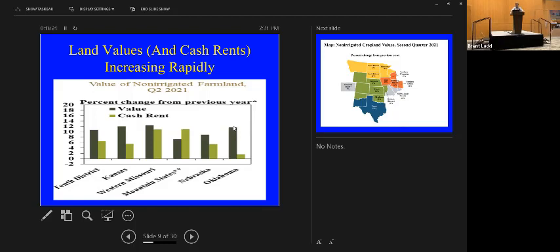So the little green bar there for Oklahoma doesn't seem to be ramping up quite as rapidly as it is for Nebraska or Kansas or other areas in the 10th district of the Federal Reserve System anyway.